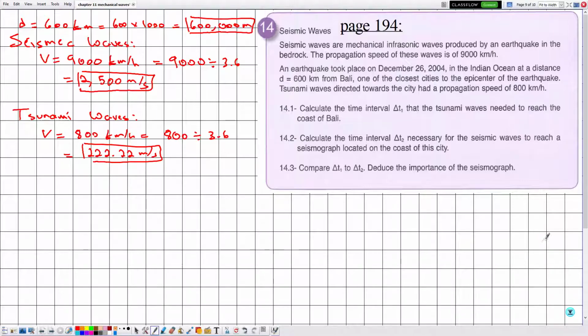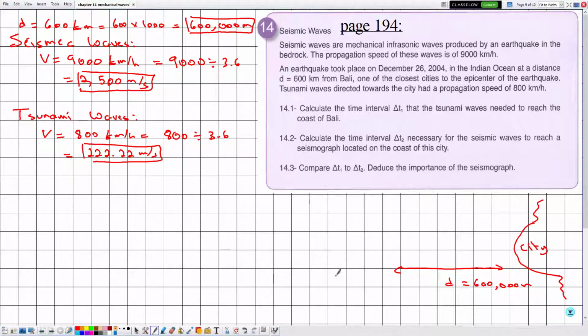We have the city, so the city is located here, and the distance separating the city from the epicenter of the earthquake is given by d is equal to 600,000 meters. At a certain instant of time, the earthquake happens.